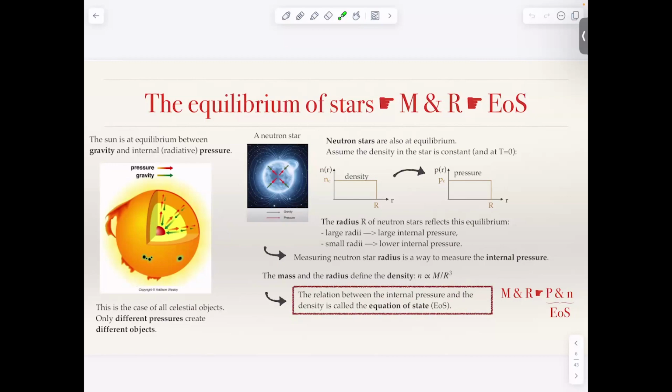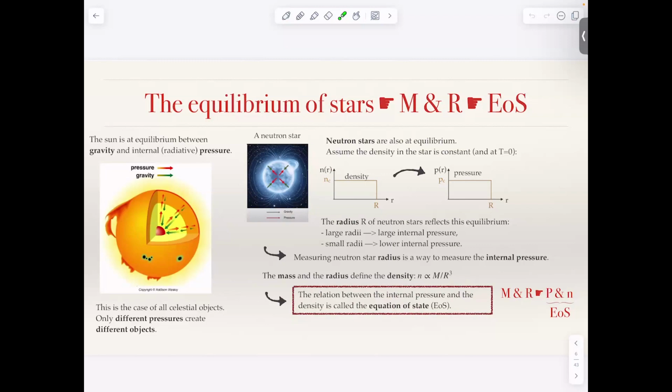So with this very simple toy model, you can understand quickly why, since we are interested in the properties of dense matter as nuclear physicists and hadron physicists, we could also access the same information by astrophysical observations of mass and radii of neutron stars.